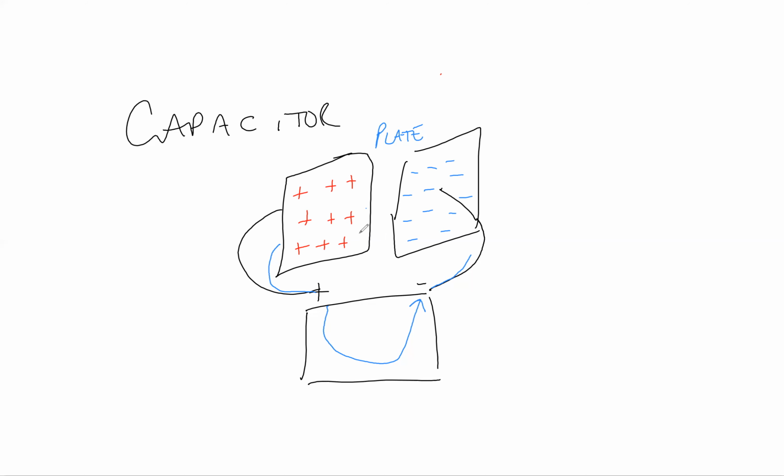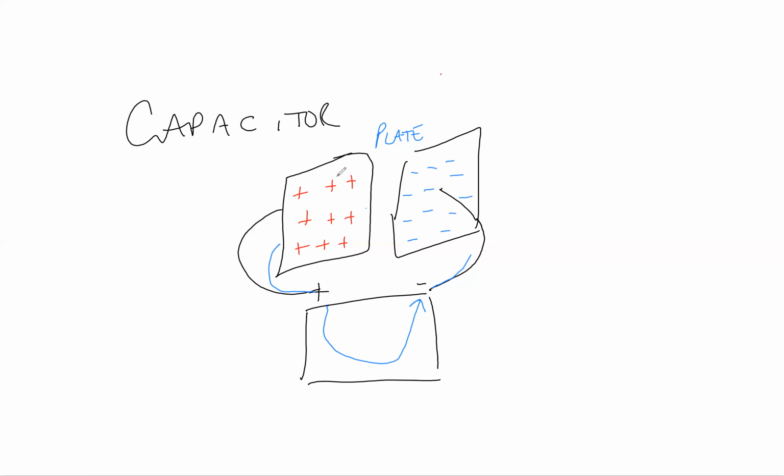We have the positive connected to the positive battery terminal and the negative connected to the negative battery terminal, right? So the charging process is finished when the potential difference between the plates equals the potential difference between the battery terminals, or the voltage, right?